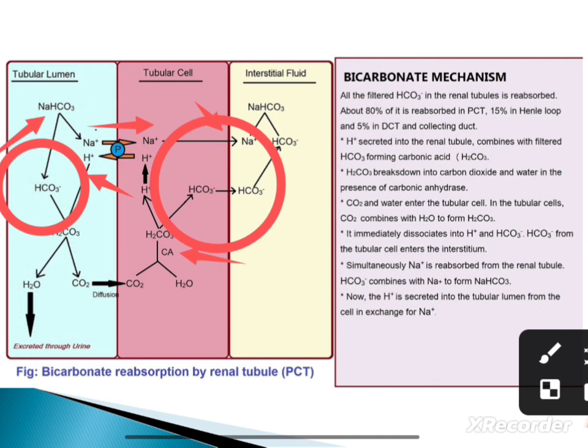This is what I mentioned in my previous slide, bicarbonate reabsorption by the kidney. Here in the tubular lumen, one bicarbonate appears, and by several mechanisms it goes back to the blood.